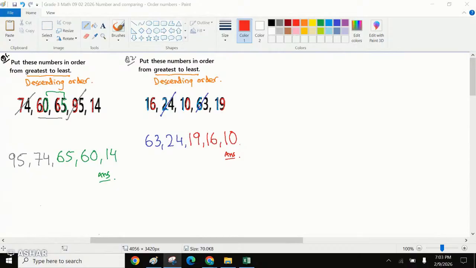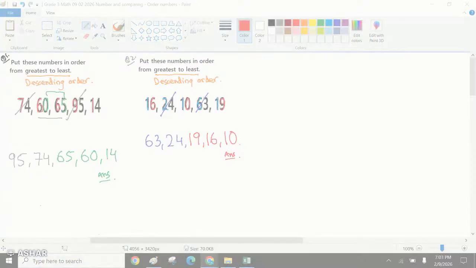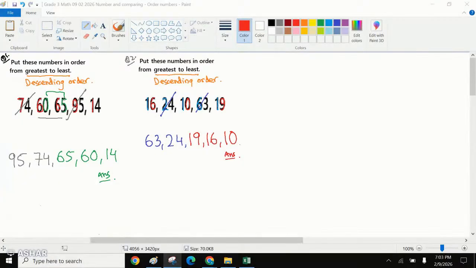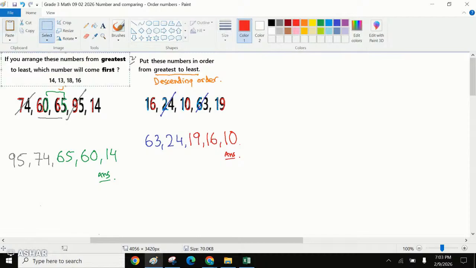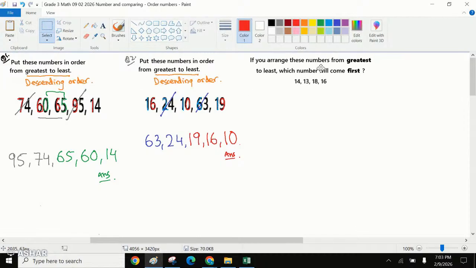Okay. They change the statement in the next question, and they're saying, arrange the numbers from the greatest to the least. Question number 3. Since we have 4 numbers over here and all of these numbers have 1 on the tens position, we need to look at the units position.